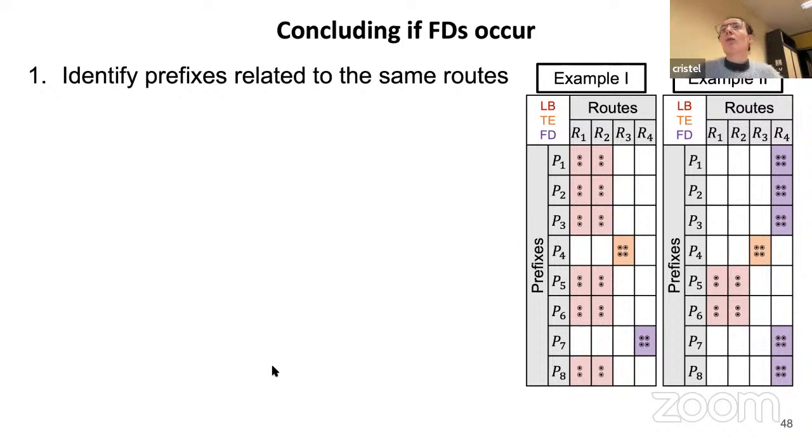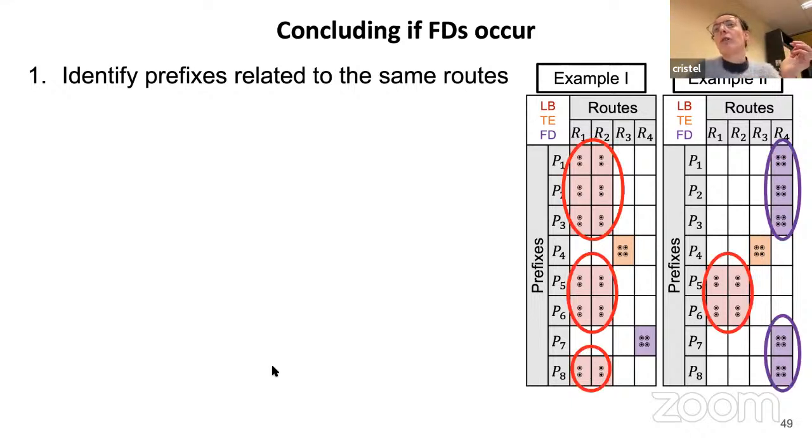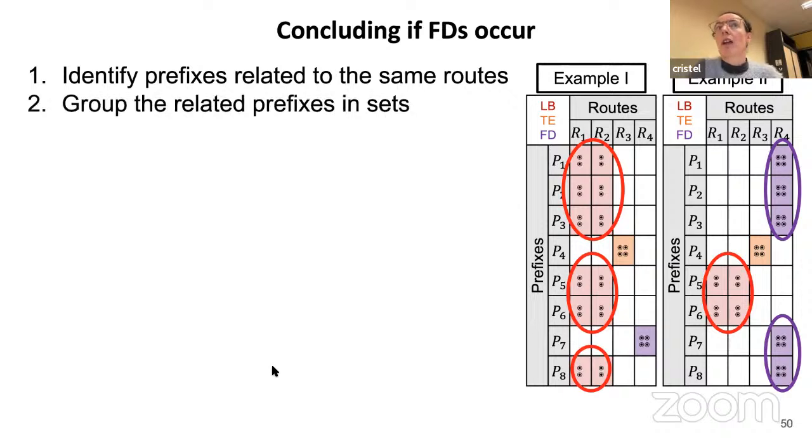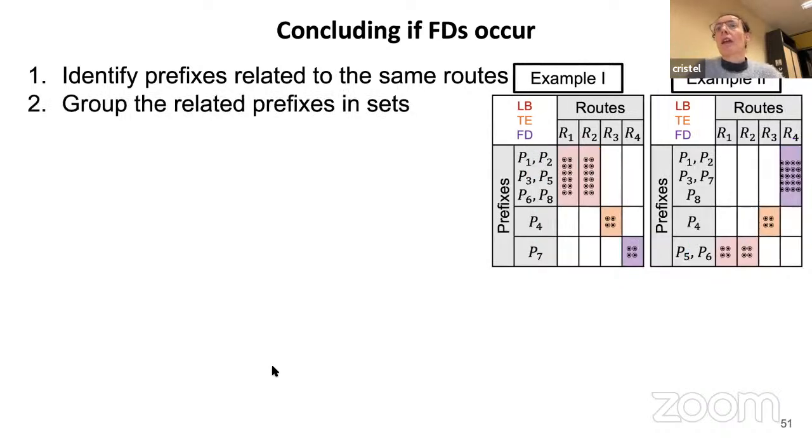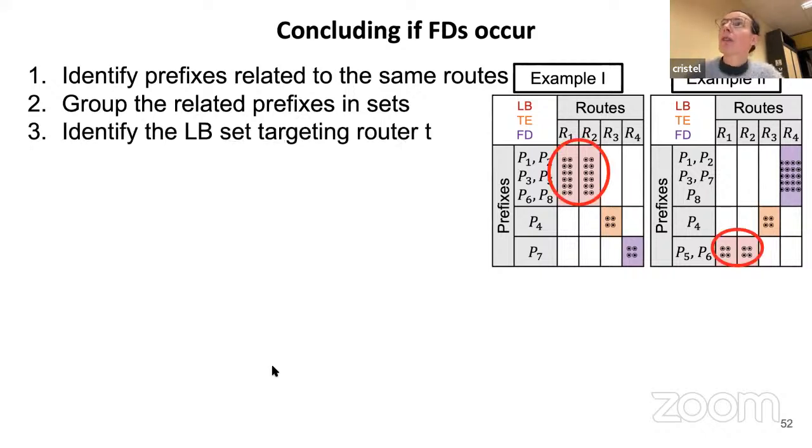First of all, we try to determine all the prefixes that use the same route, so we group all the prefixes that see the same routes. In example 1, we group all the red prefixes because we discover all the same routes, and in example 2, we also group all the purple ones. Then we check in which group you have also observed the route you observe when you probe the exit of the AS.